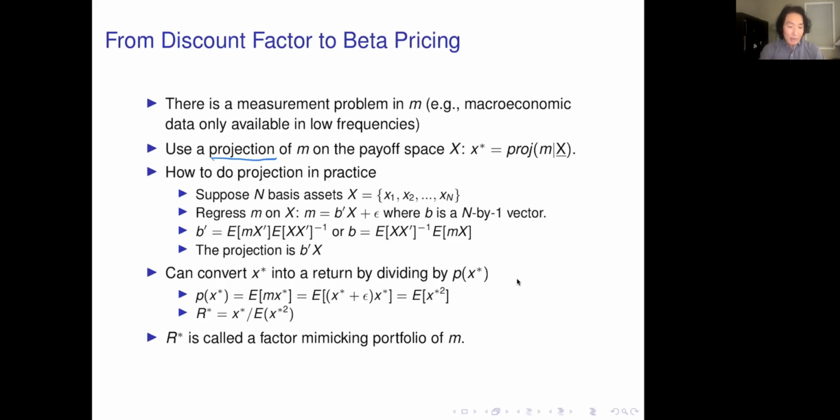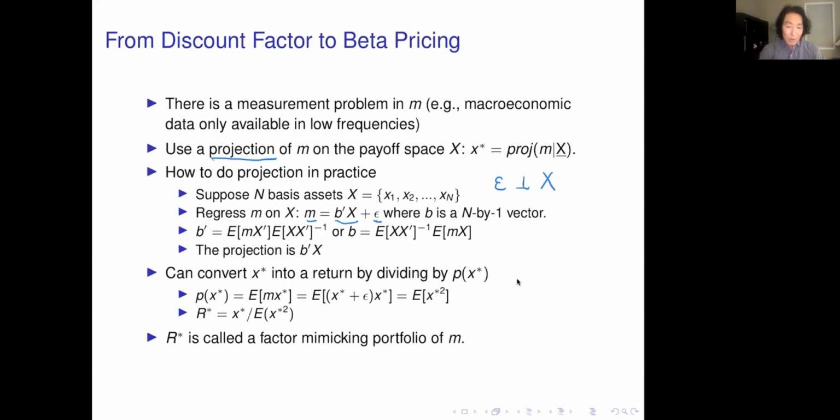And then we will regress the stochastic discount factor on X, meaning that M, the stochastic discount factor, is going to be expressed as a linear combination of these n different basis assets plus some epsilon, where the epsilon is assumed to be orthogonal to the payoff space, or the basis assets. In other words, we are regressing the stochastic discount factor on the basis assets.